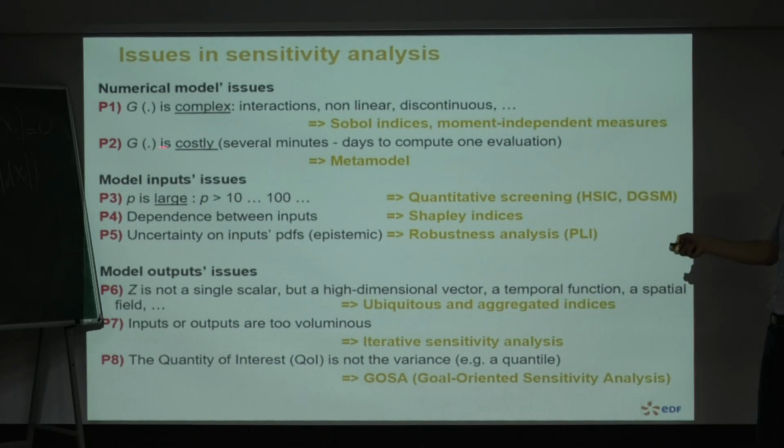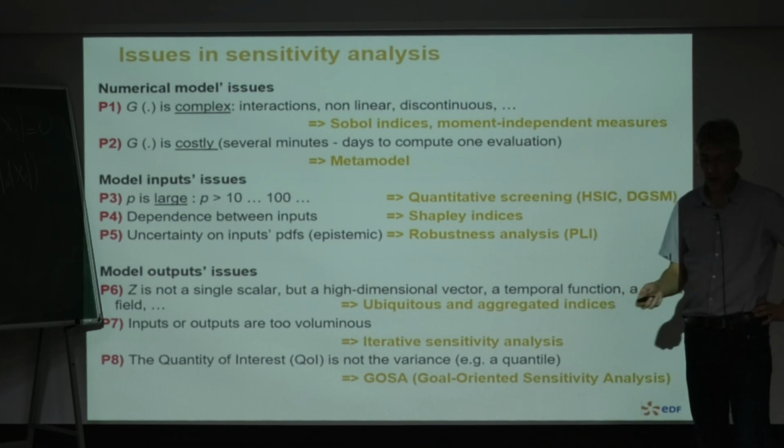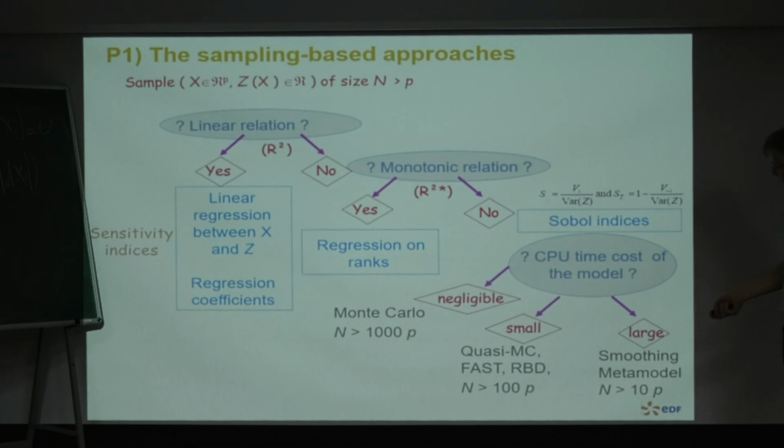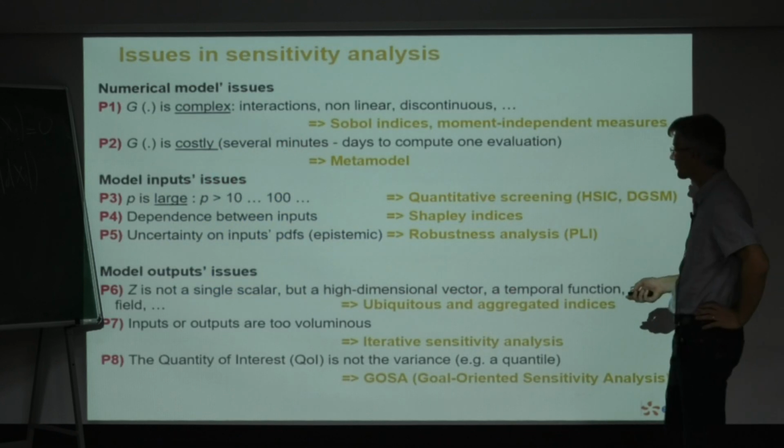So when G is costly, I have explained that we can use some meta model to compute this, as you want. After, for the model inputs, when P is large, of course, you see that all these computations, even the meta model, have a dependence in P, in fact, in the cost.